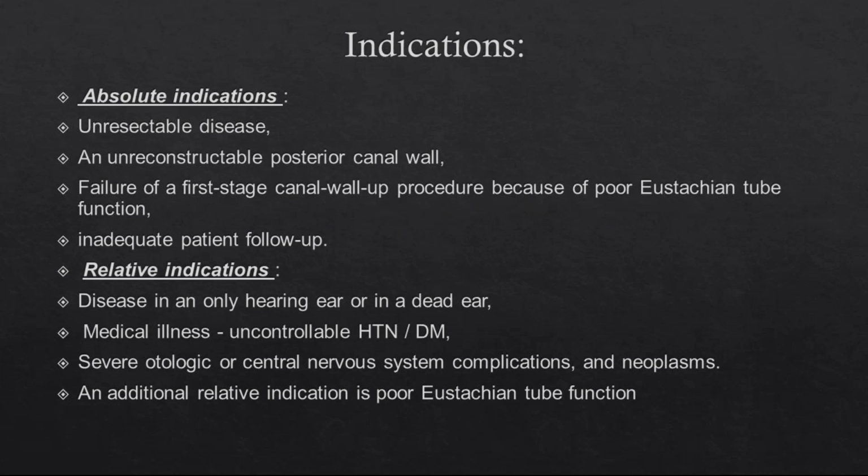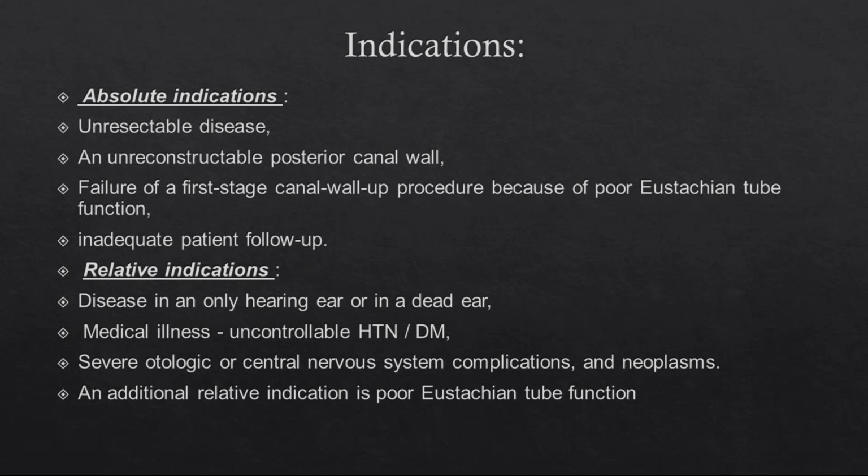So absolute indication is unresectable disease, that is where the disease is very high, and the cholesteatoma is very extensive, and usually if the cholesteatoma mass is seen medial to the ossicular chain, then this is an absolute indication to go for a canal wall down surgery.